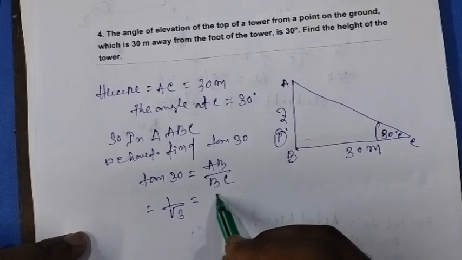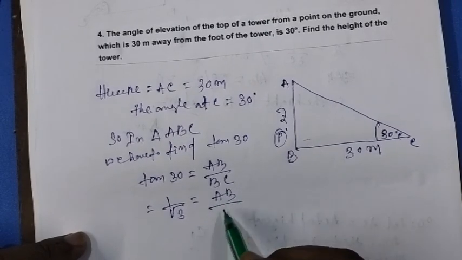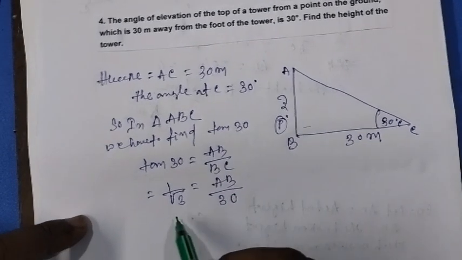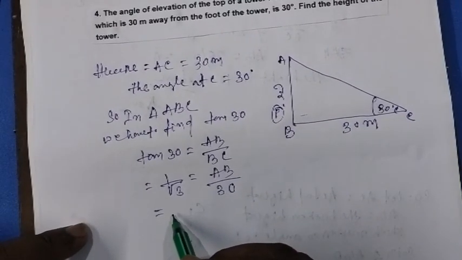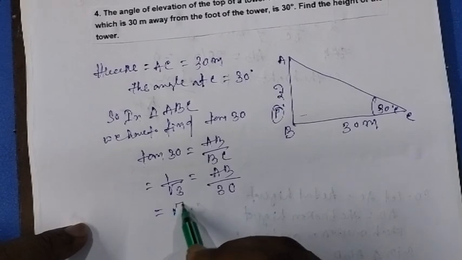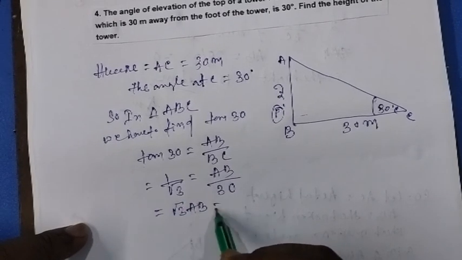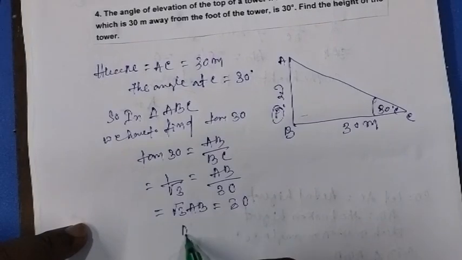is equal to AB by 30, or root 3 AB is equal to 30.